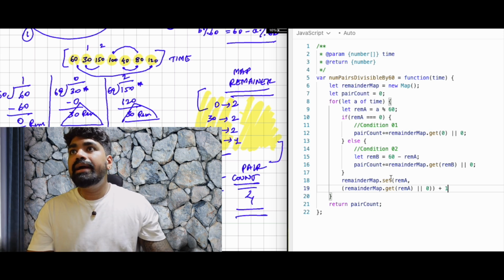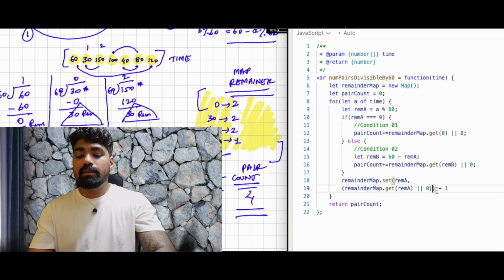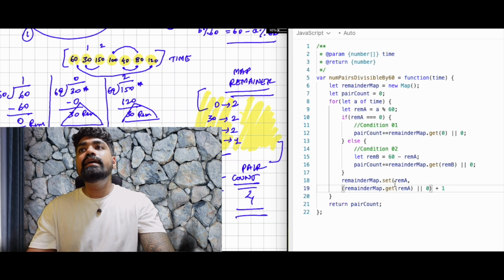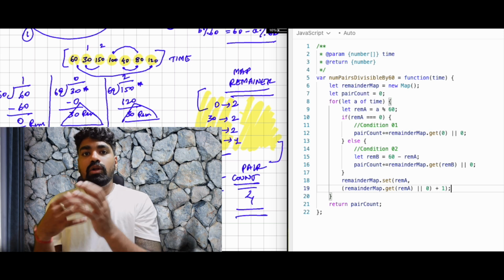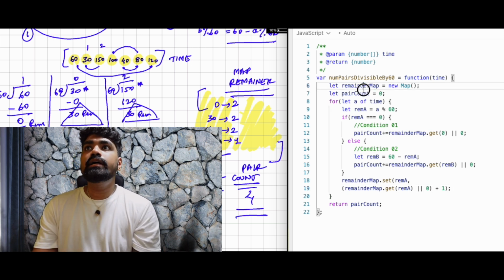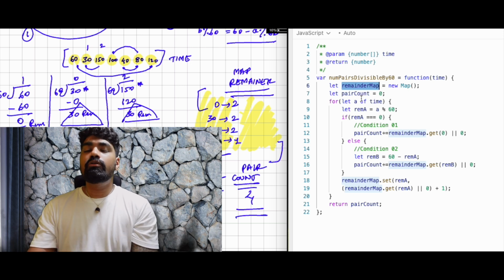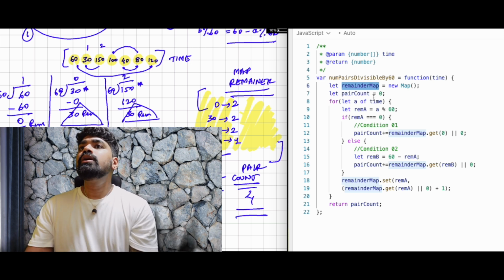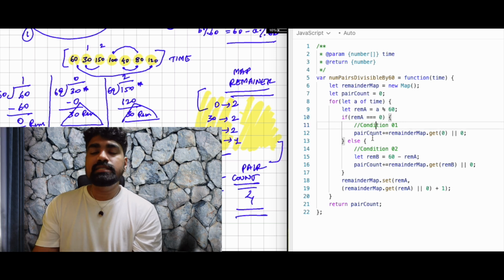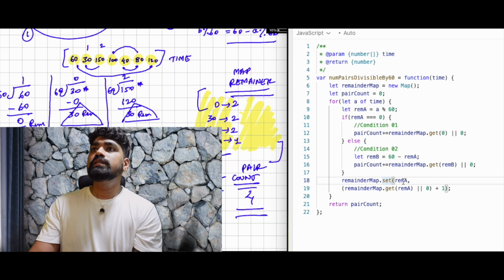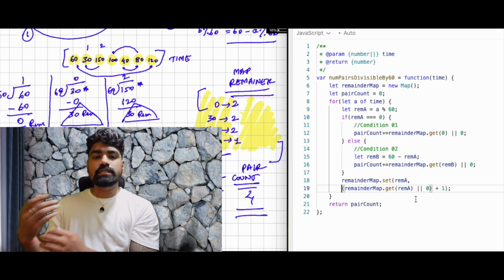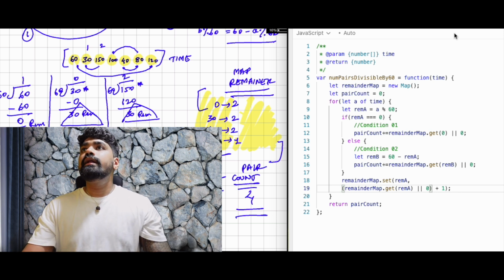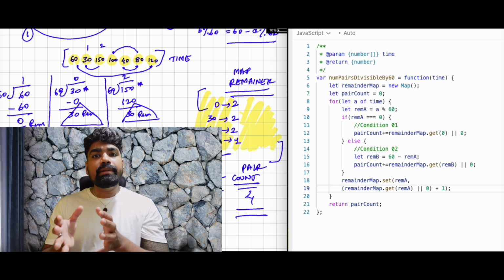This is the increment aspect of it, wherein I pick up the value and increment it by 1. And that's pretty much it in terms of the logic. So you will keep a tracker, you will use a map to keep track of remainders, you will go through these 2 condition checks, and at the end, for that remainder of a that you have received, just get the existing count and increment it by 1. That's pretty much it in terms of implementation.